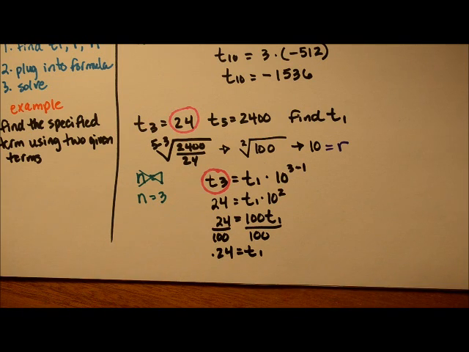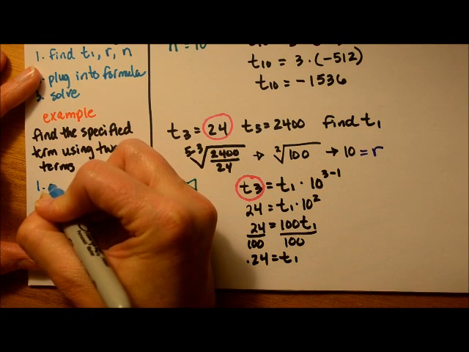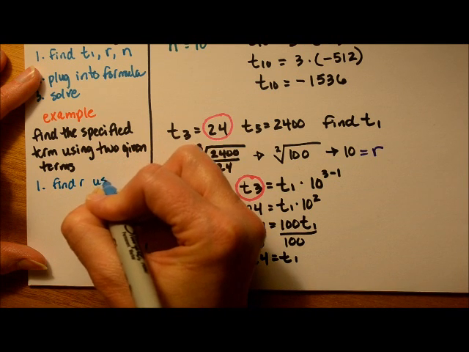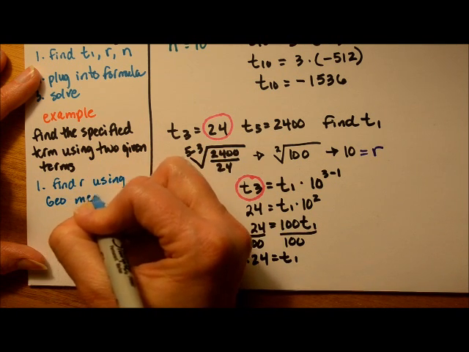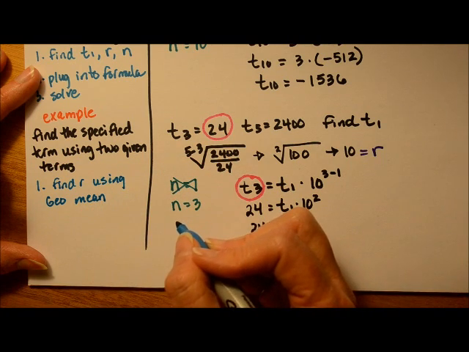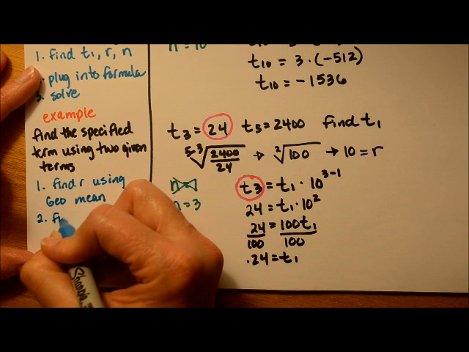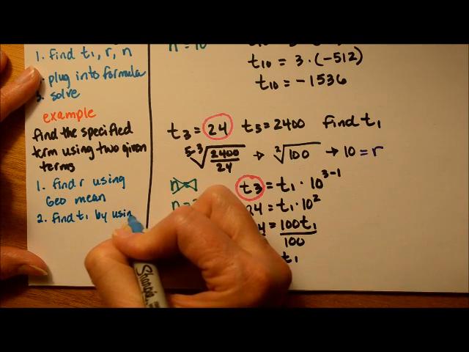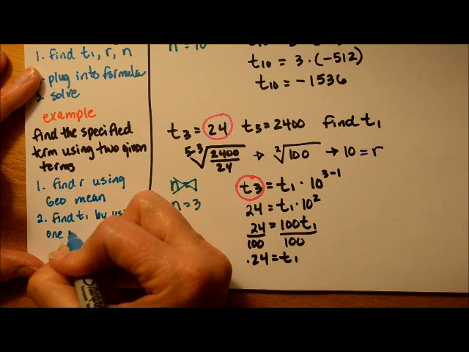All right. As far as what we are doing: find r using geometric mean. And two, on this one, find T1 by using one of the other terms.